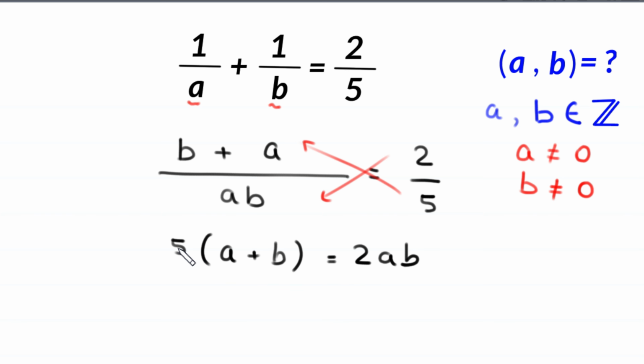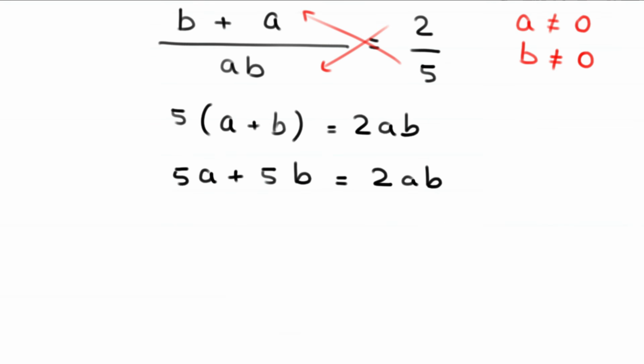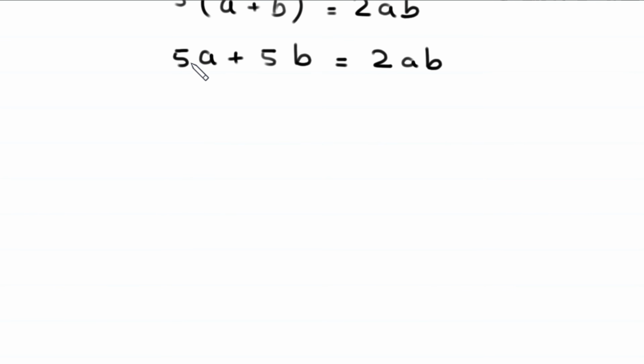Distribute the 5: 5a plus 5b equal to 2ab. Move these two terms to the right hand side, then the equation will become 2ab minus 5a minus 5b equal to 0.